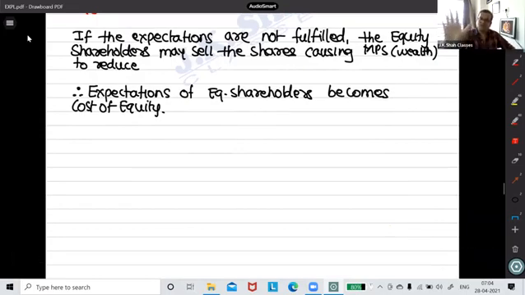So what we say, the expectations of equity shareholders only become the cost of equity. But you guys know, it is very difficult to know the expectations of people. We are turning to a very complicated question, what people expect. Whatever life you have gone through, more than double I have gone through of yours.